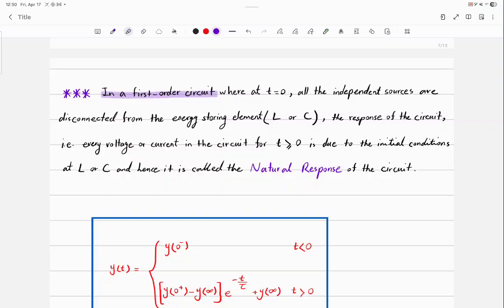Okay? Let me ask you a question. Does it mean that if I have two inductors in my circuit, it's a second order circuit? No. Explain. They could be in parallel. You can combine them and still you have one. If there are places in the circuit where you cannot combine them, then it will probably create a second order differential equation.